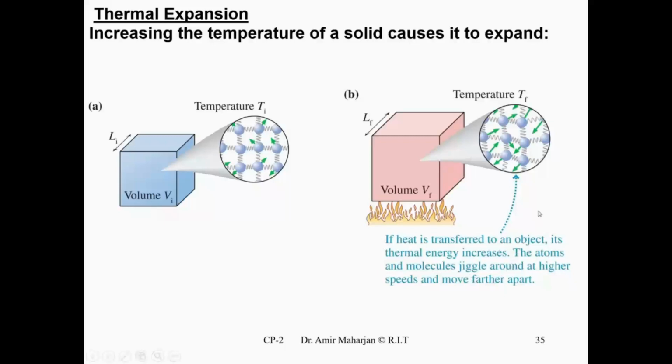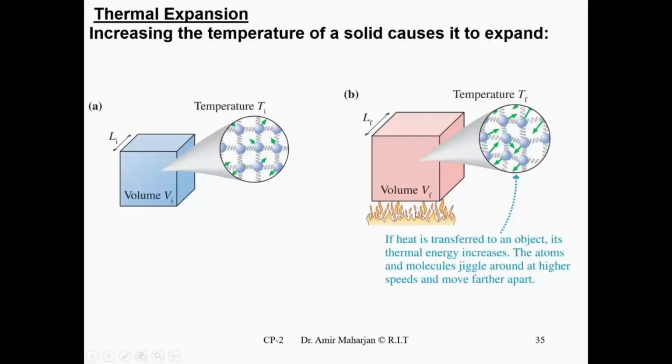So the very last topic on this slide is thermal expansion. Basically thermal expansion of solids. As you know, it's common sense: increasing the temperature of a solid causes it to expand. It's not very difficult to understand this at the microscopic level. Materials are made up of atoms, molecules, trillions of particles, and they are connected by spring-like forces like this.